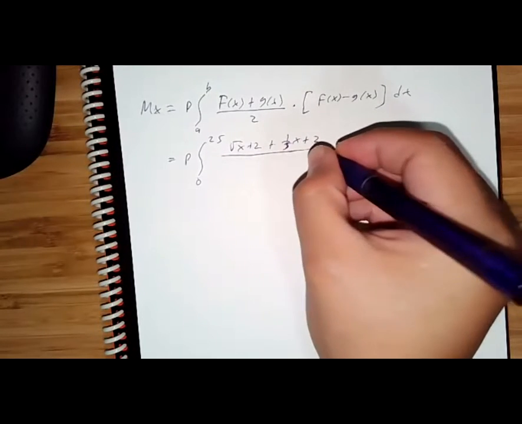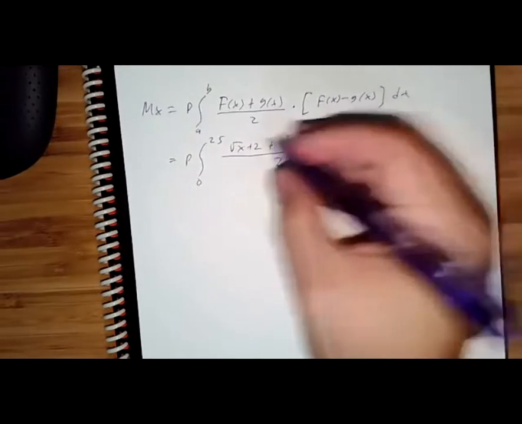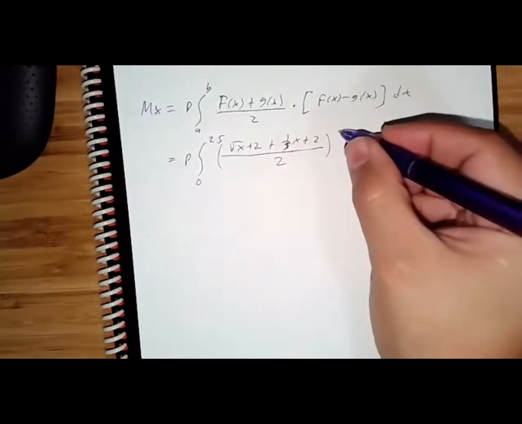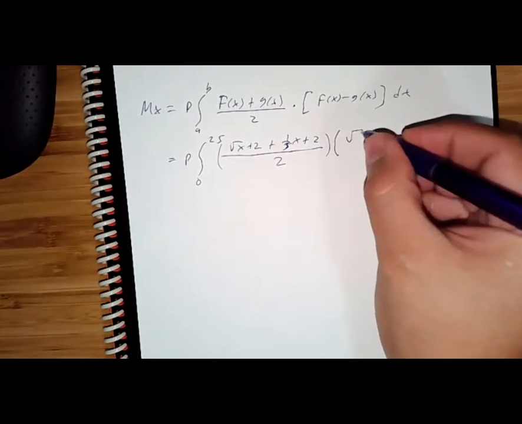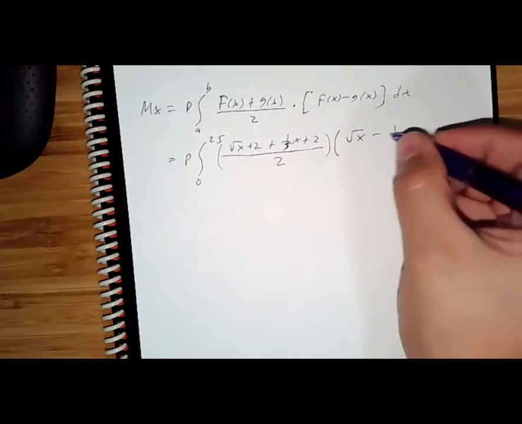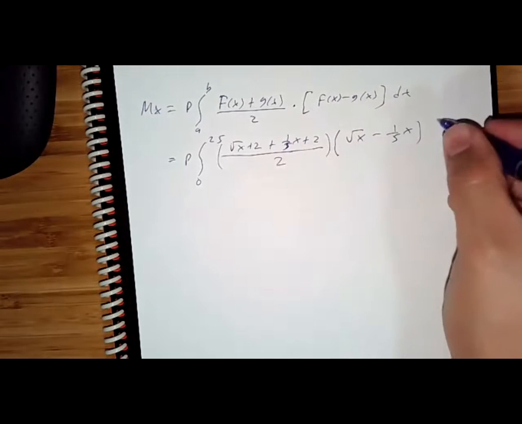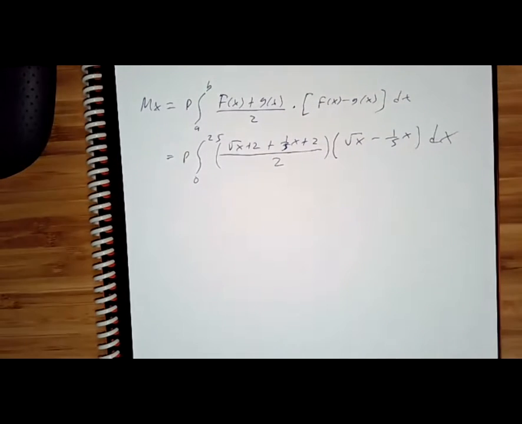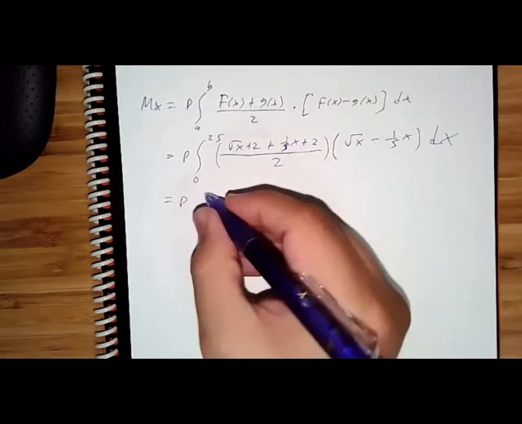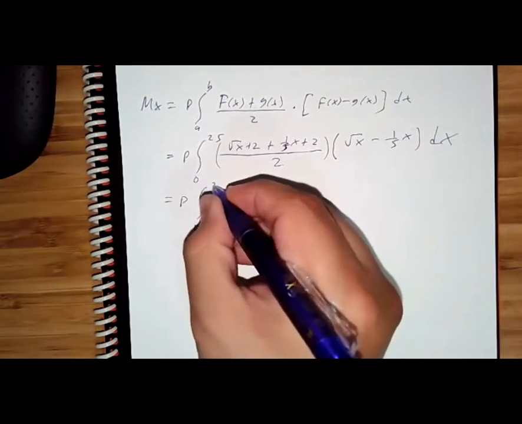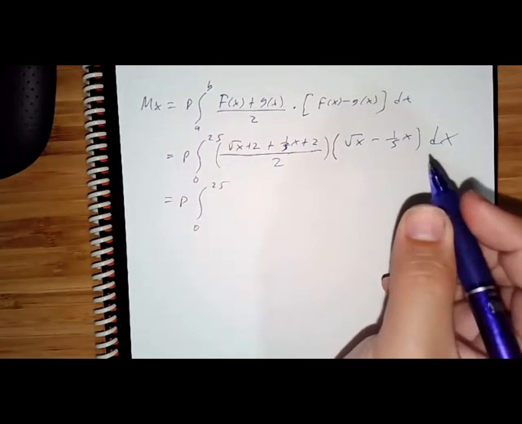Times the subtraction, which would be root x minus 1/5 x, right? All right.